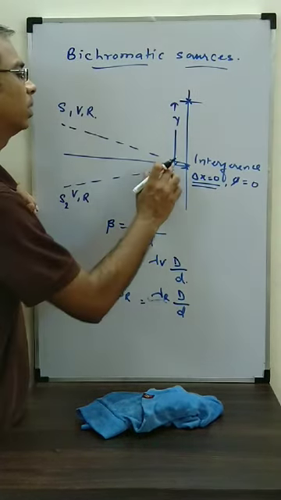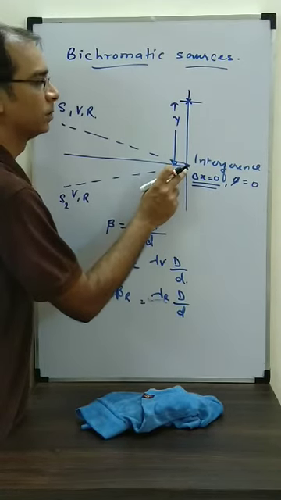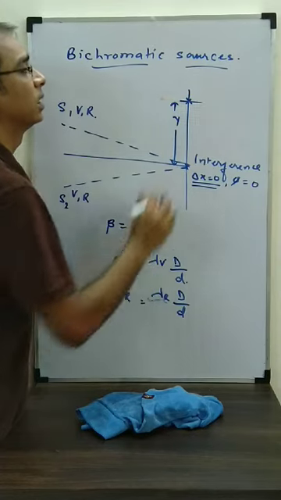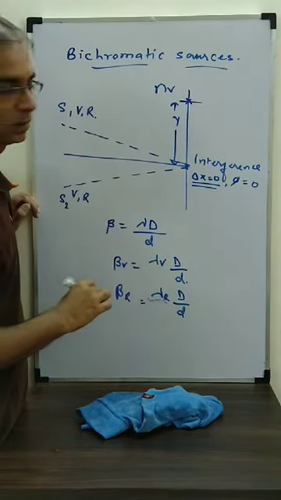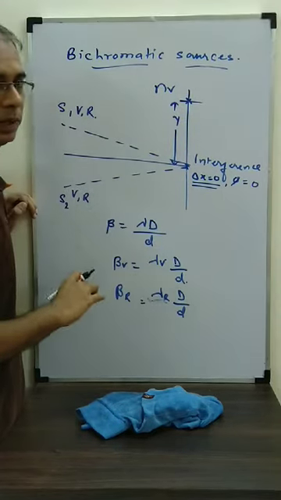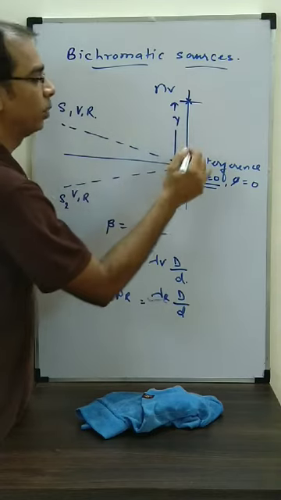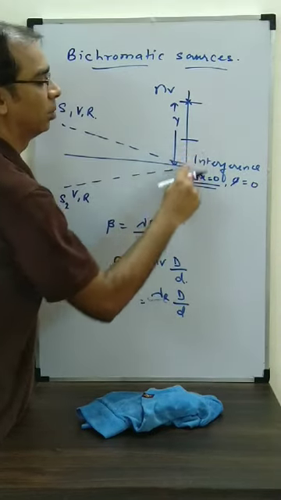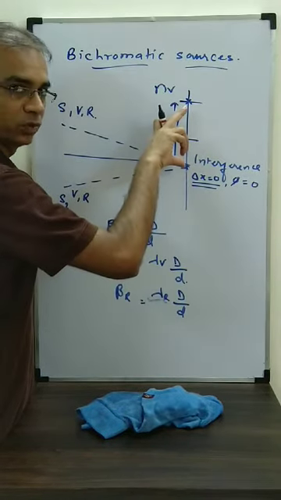Now if I assume that from the 0th maxima, here there is the NV-th maxima of violet, then how many fringes are there in between? NV. Suppose I say first maxima, then there is 1 fringe; 2 maxima means 2 fringes.